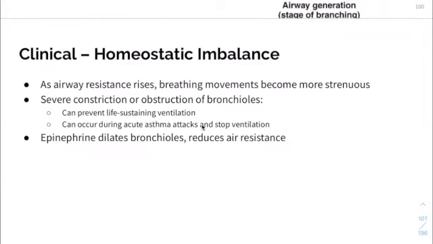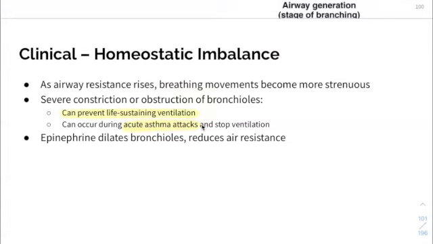So what happens if we get some very severe constriction or complete obstruction in our lungs? If we end up with obstruction of our airways, we may not be able to breathe. That's what happens when someone's having an asthma attack. Those airways start to constrict in an asthma attack.